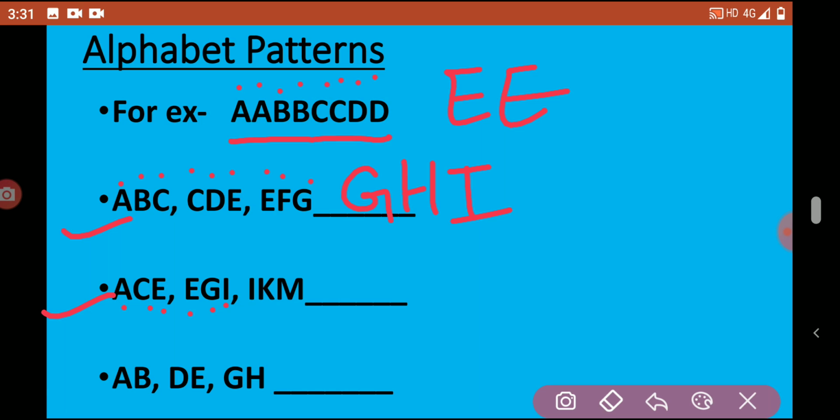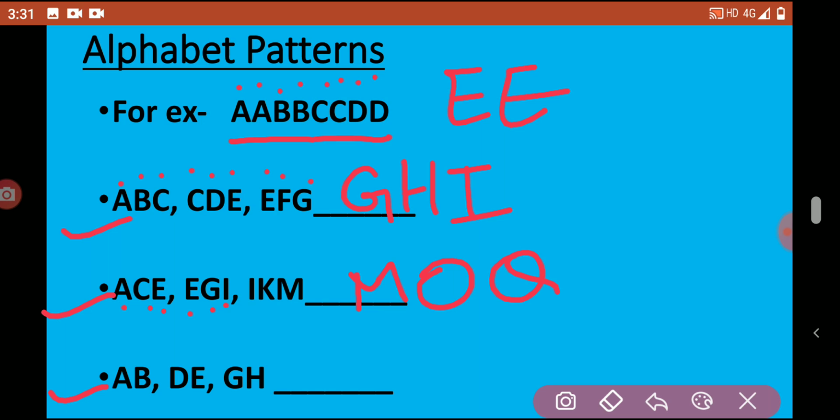So in this example the pattern of alphabet repeats, then we skip one alphabet. Now what will come next? So here we repeat M, then we skip one alphabet, we skip N, O will come, then we skip P, then Q will come.